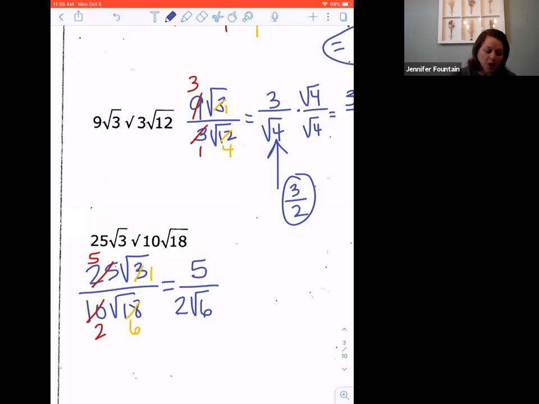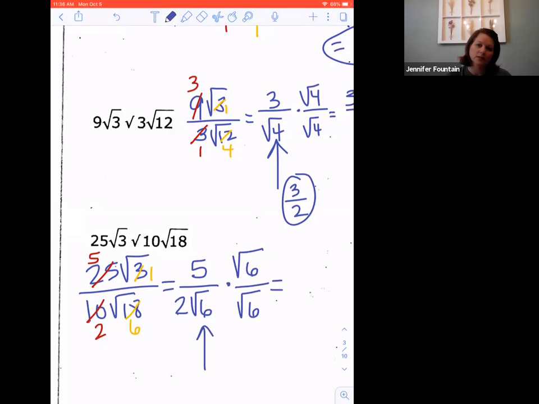The part of this problem that is a problem is that square root of 6. 2 being a whole number can stay in the denominator all day long. It is fine, but it's that square root of 6 that's a problem. So that means I'm going to have to multiply my numerator by the square root of 6, denominator by square root of 6.